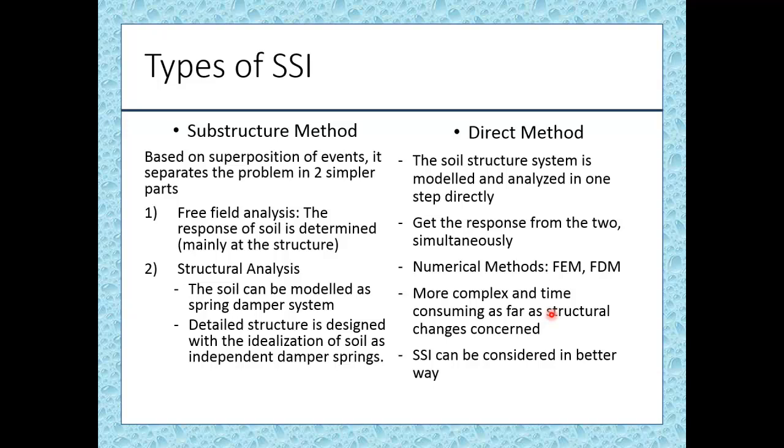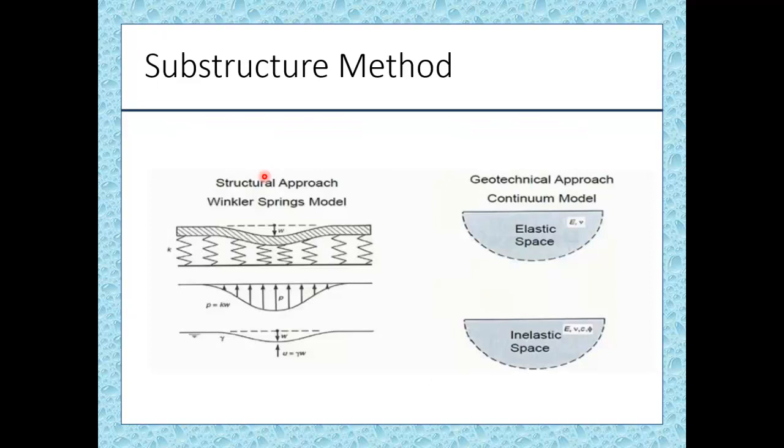Let us understand the substructure method in more detail. Basically, let's see how the substructure method is helpful in soil structure interaction. The structural engineers simulate the soil as springs.